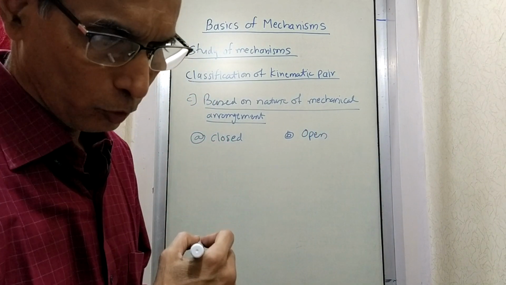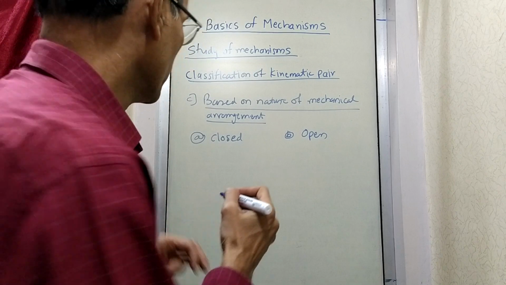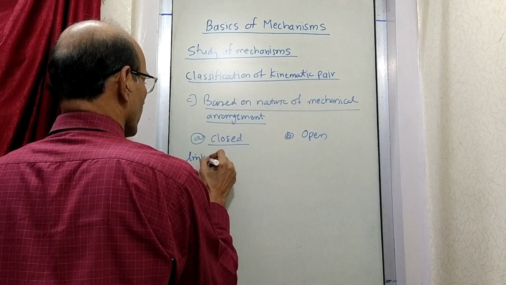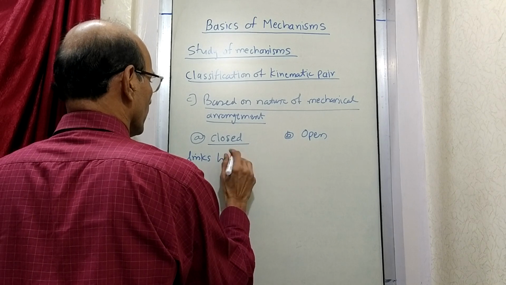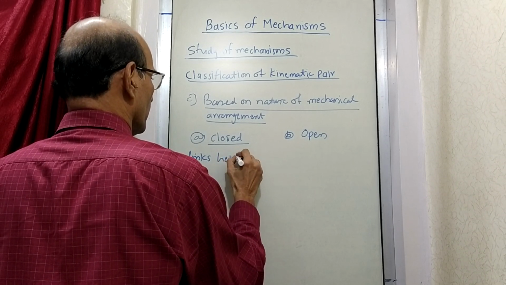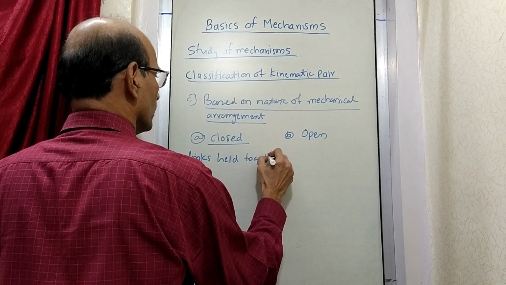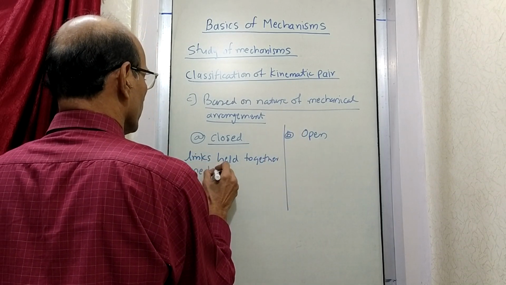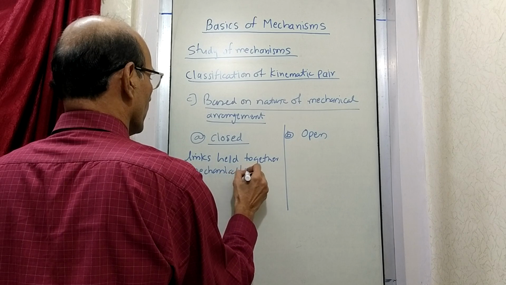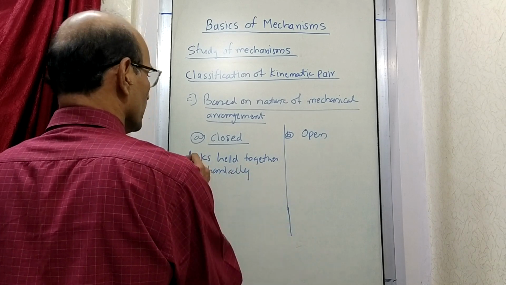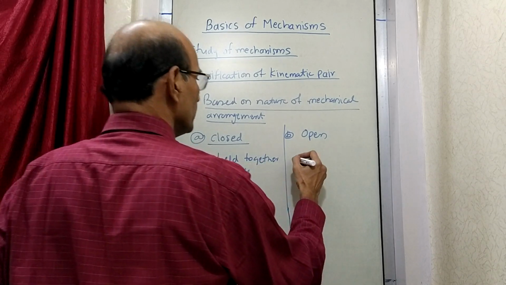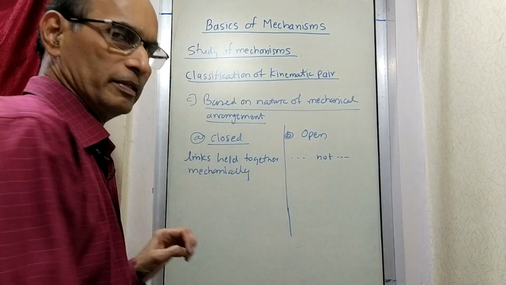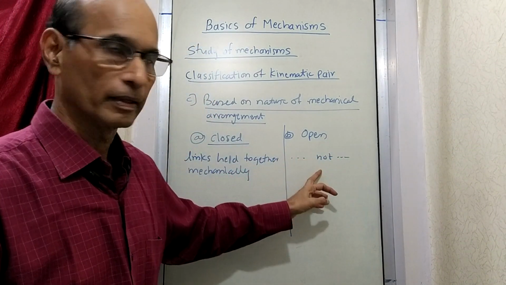In the case of a closed pair, you can write down: elements or links held together mechanically. In the open pair, they are not held together mechanically.